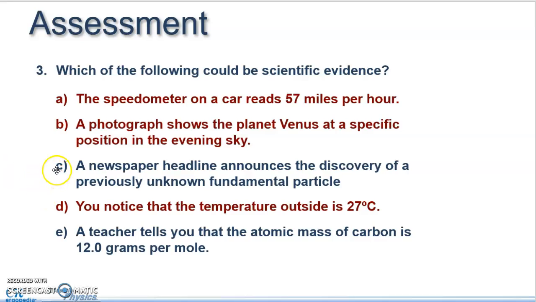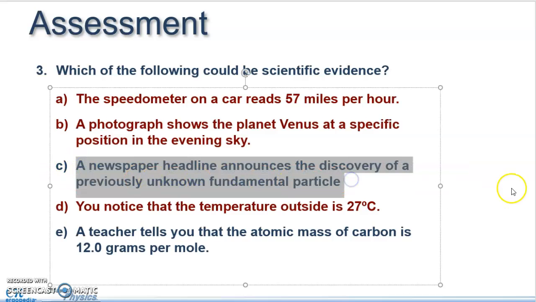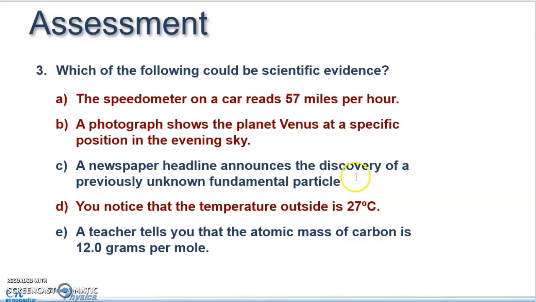Simply being told about something is not always scientific evidence. Now, this one could be restated more as the idea of a scientific paper providing evidence, then yeah, that's probably scientific evidence.